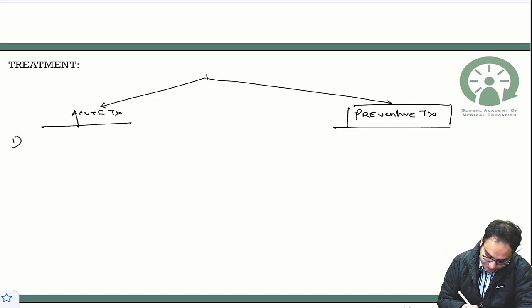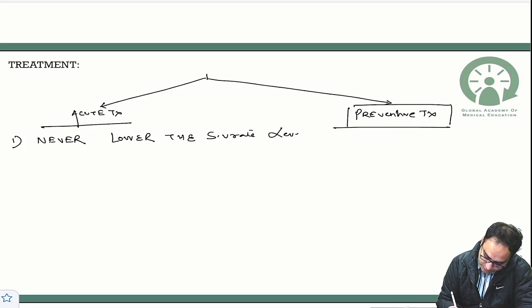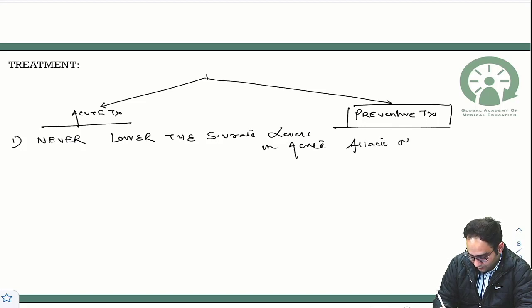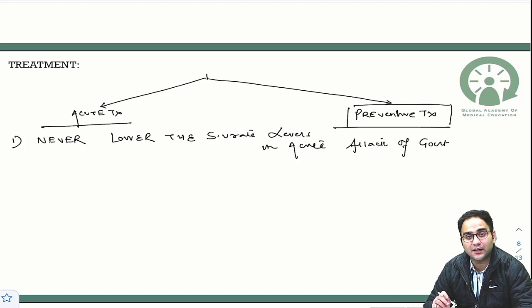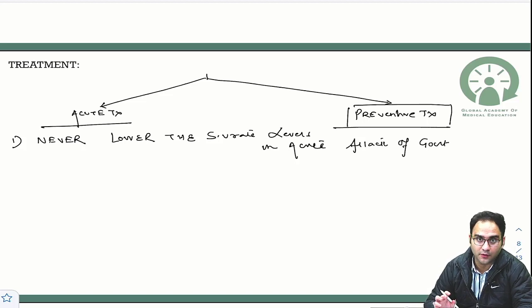Remember one thing: never lower the serum urate levels in an acute attack of gout, which means you will not give any preventive therapies to a patient with an acute attack of gout.